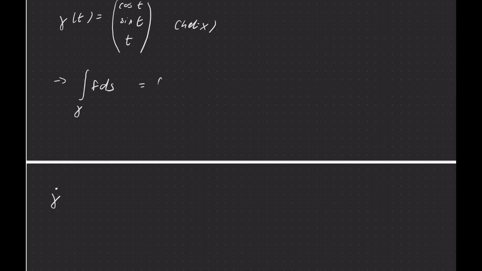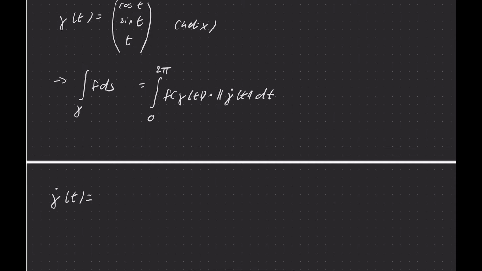That was the integral of f of gamma of t times the norm of gamma dot of t dt. And the boundaries for the integral were just the boundaries of the interval. So in that case, 0 to 2 pi, the domain of the curve. So we need to compute gamma dot, and subsequently we need to compute the norm of gamma dot.